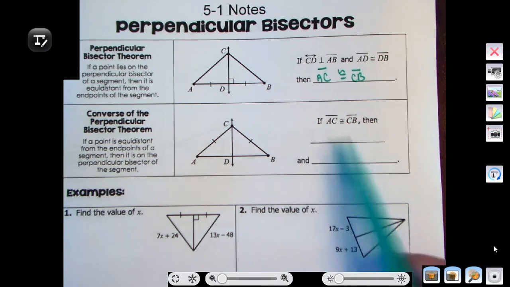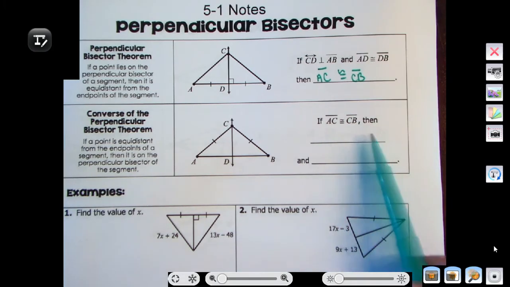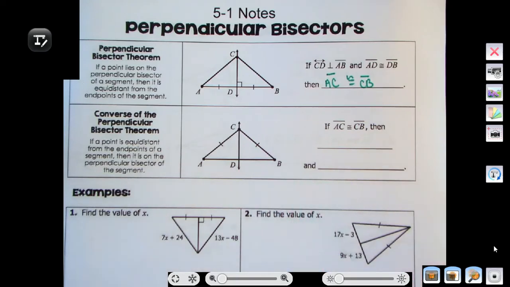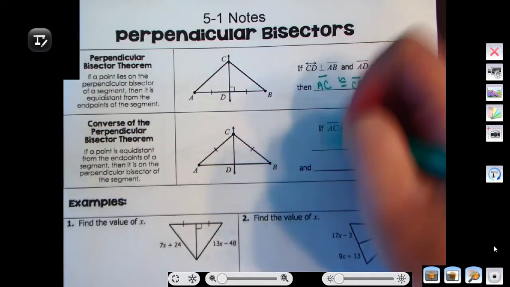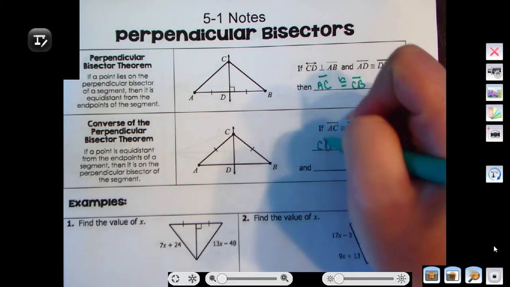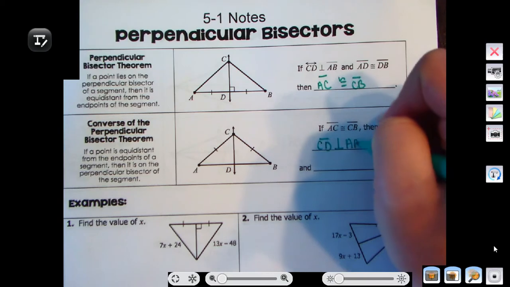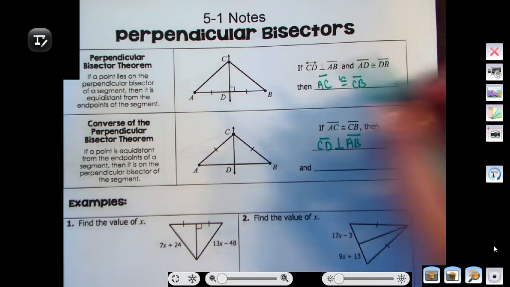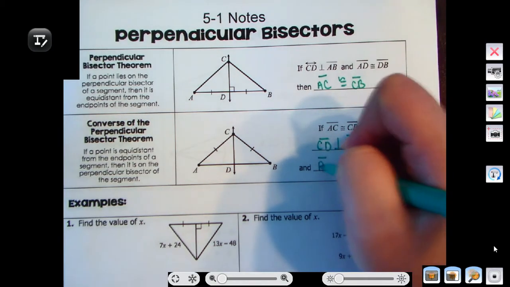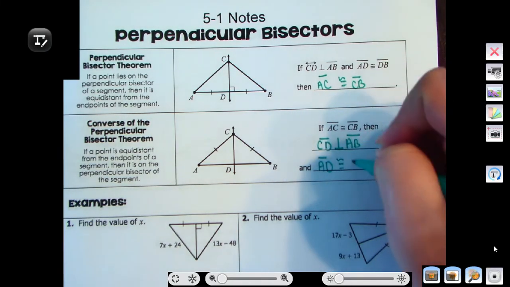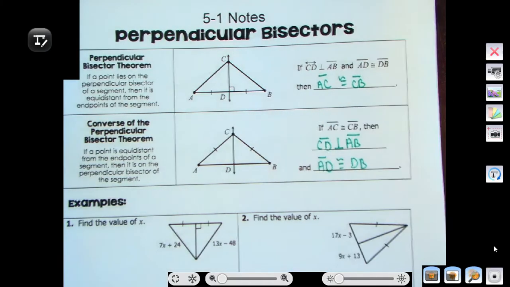So if AC is congruent to CB, so if we already knew that these two were congruent to each other, then that must mean the opposite. Then that must mean that CD is perpendicular to AB. And it also must mean that AD is congruent to DB.